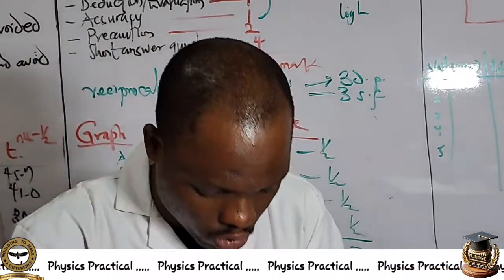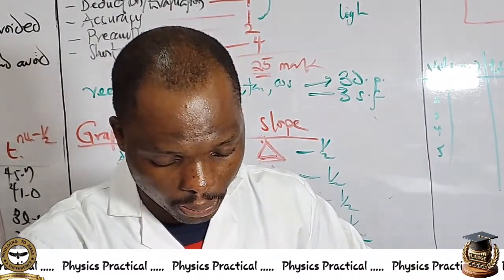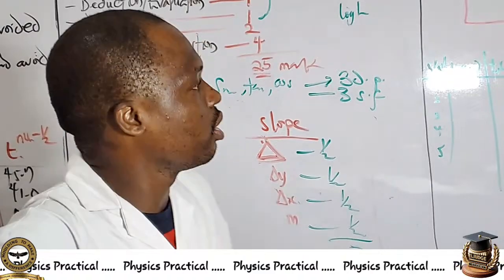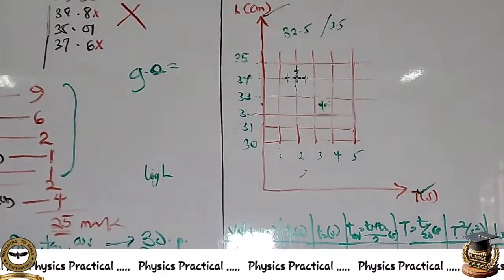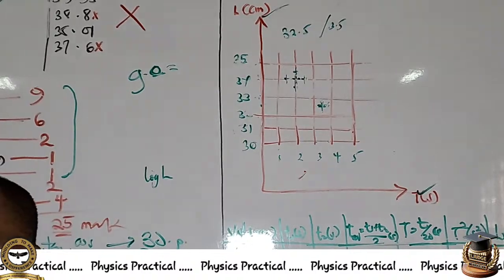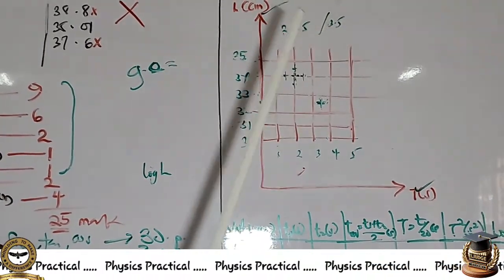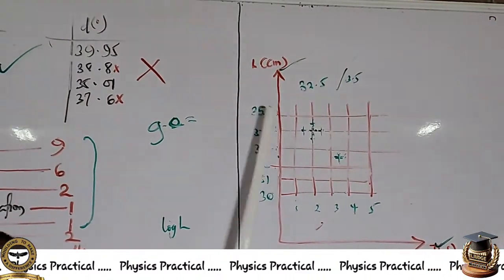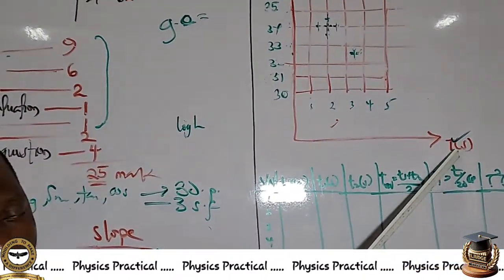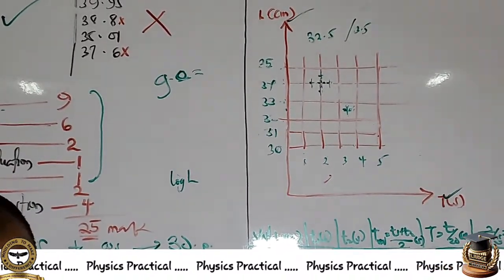So make sure you learn how to draw your graph properly, and always note when they tell you that you are plotting L centimeter against T centimeter. So the instruction would have read, for this kind of graph, plot L on the vertical axis and T on the horizontal axis, and that's what I have done here.